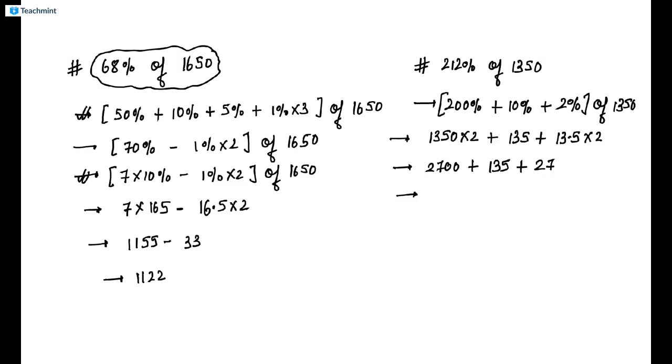If you add this, as I told you in simplification and speed mathematics, you get 2862. See how the application of simplification is being used in this percentage topic. I hope it is clear till now.